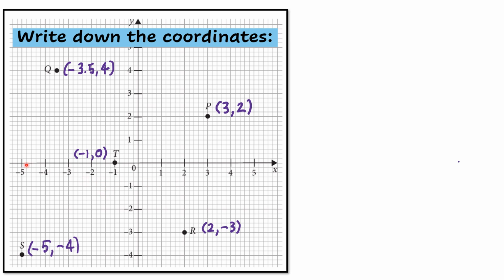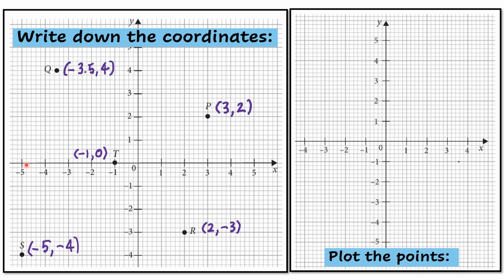Once you have this basic, we are going to do the reverse. Now that we are able to write down the coordinates, let's practice how to plot the points, which means I will give you the coordinates and see if you are able to plot the point. Basically, you just practice the same skill. Let's start off with the first point, A, which is 2, 5.